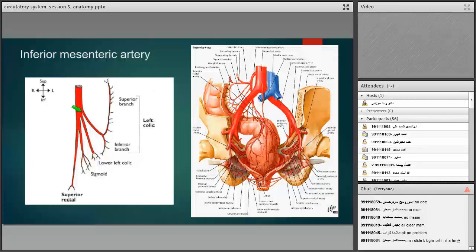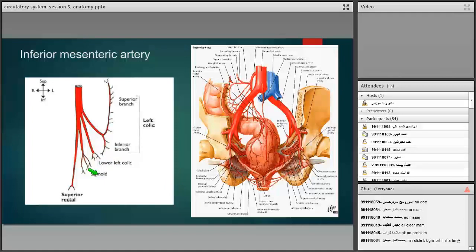Its branches are deriving from its left side, and one of them is the left colic. The left colic branch is sending the blood for the descending colon, and also has the sigmoid branches, lower left colic and sigmoid branches.